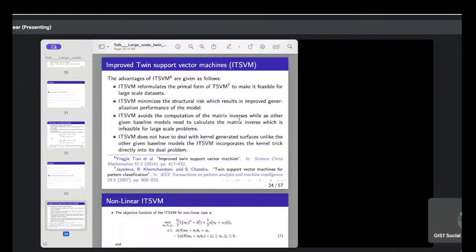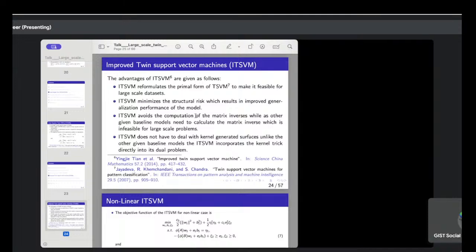Now I'm moving forward to discuss another very interesting algorithm called improved twin SVM. What they are doing is reformulating this problem to make it feasible for larger scale data. How? They further minimize the structural risk, which results in improved performance, and it avoids the computation of matrix inverses, while the other baseline models need to calculate the matrix inverse, which is infeasible for larger scale data.